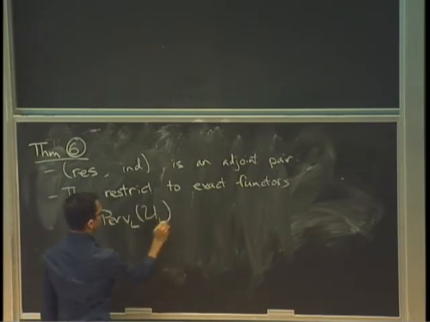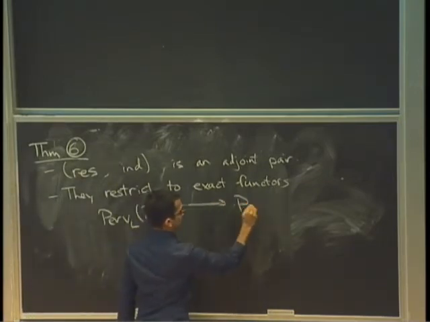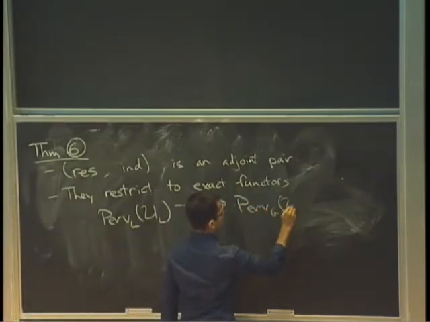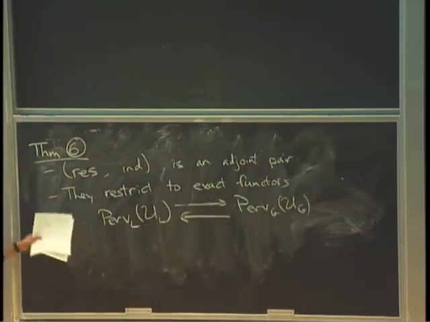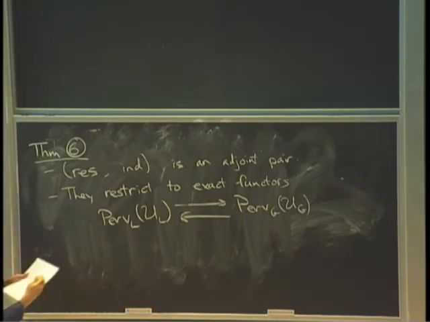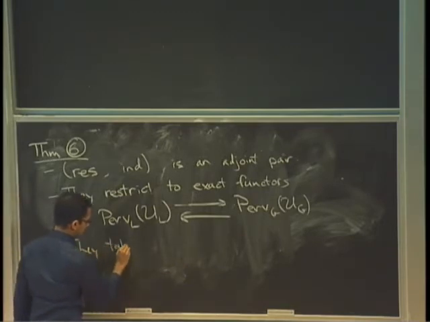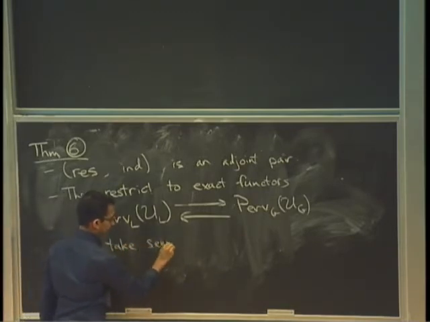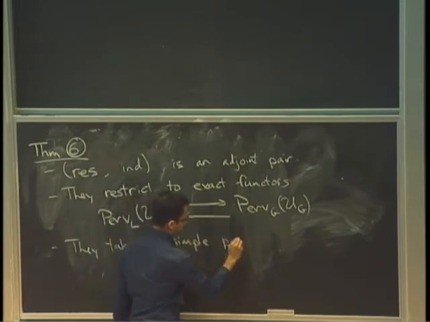If you plug in a perverse sheaf on the unipotent variety of L and you induce it, you get a perverse sheaf here. And if you restrict a perverse sheaf on the unipotent variety of G, you get a perverse sheaf here. And the last statement is that they take semi-simple perverse sheaves to semi-simple perverse sheaves.